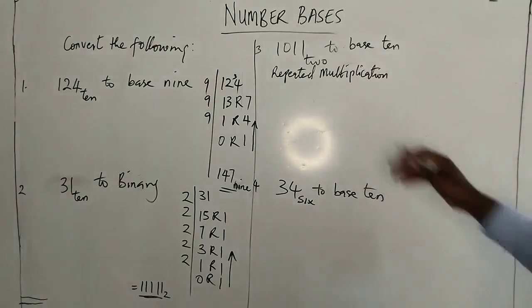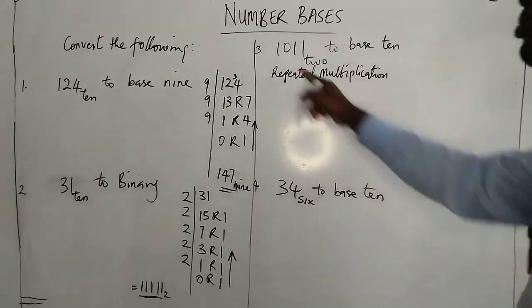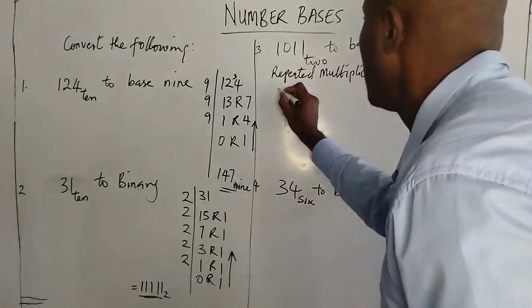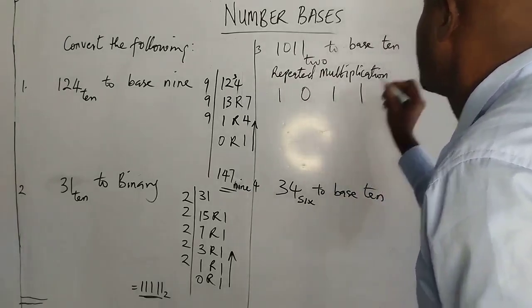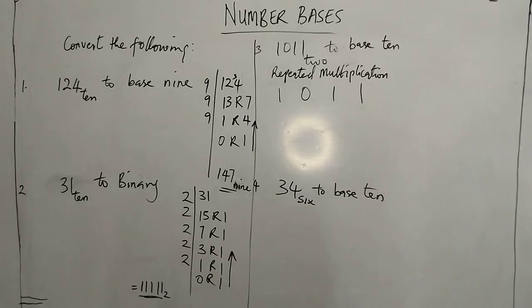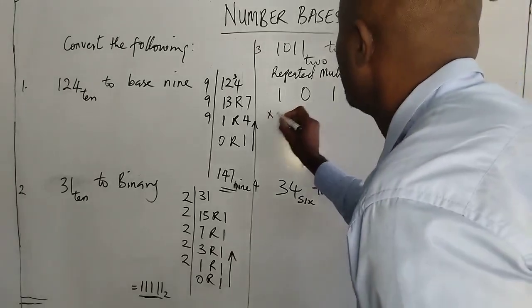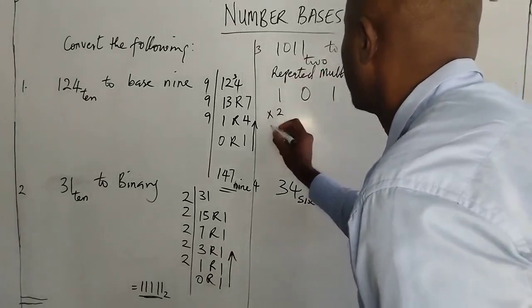So in this repeated multiplication, what do you do? You write out the digits one by one, and you multiply by the base number, which is 2.